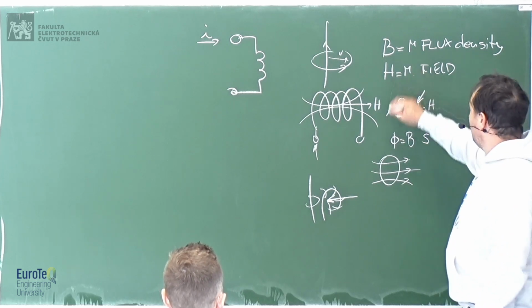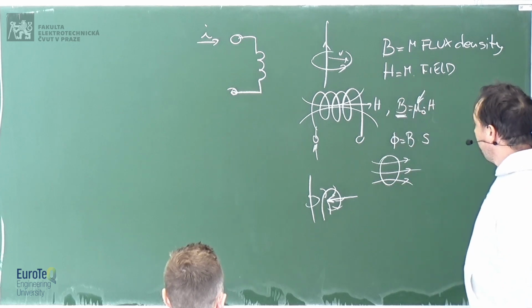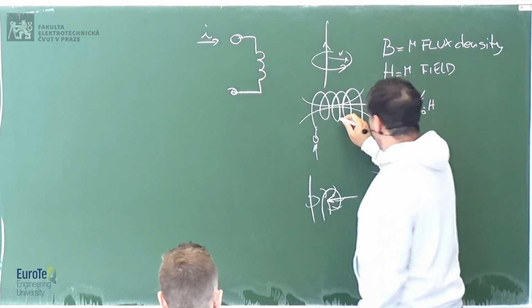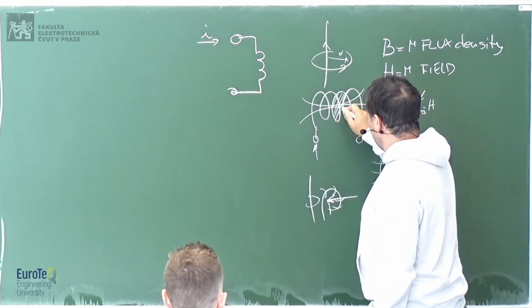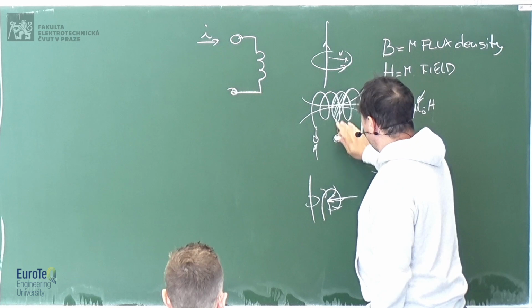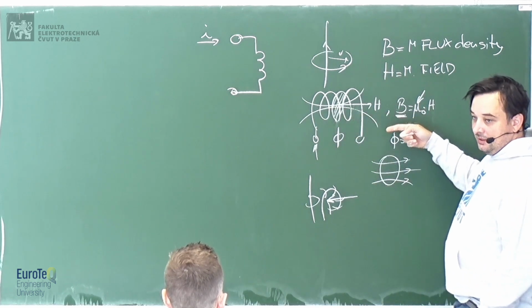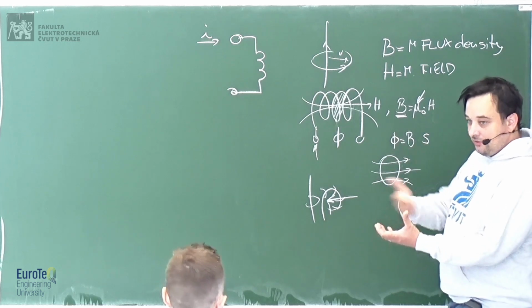So, magnetic flux density, magnetic field, and so you have a flux here. Inside here, you have a flux because you have a magnetic field. Just imagine that you have a solenoid.